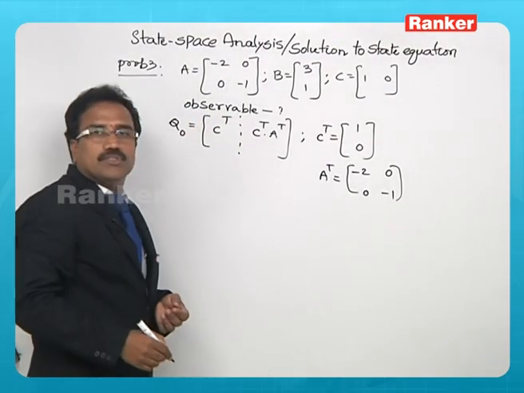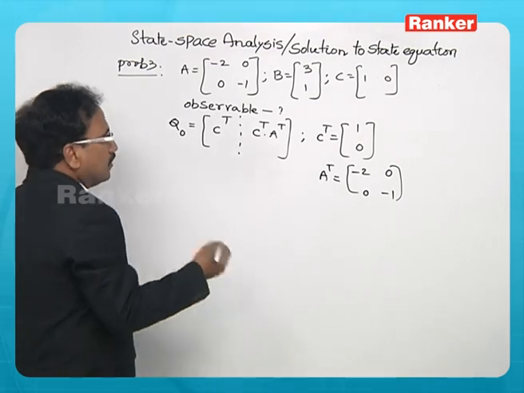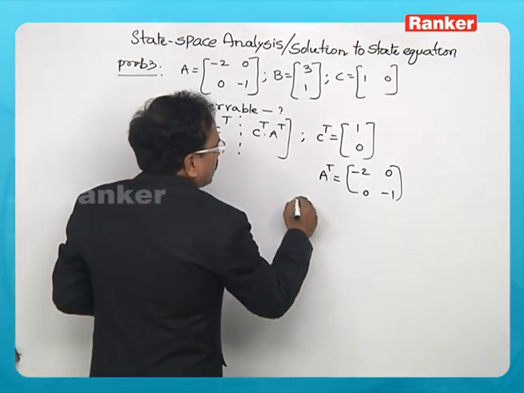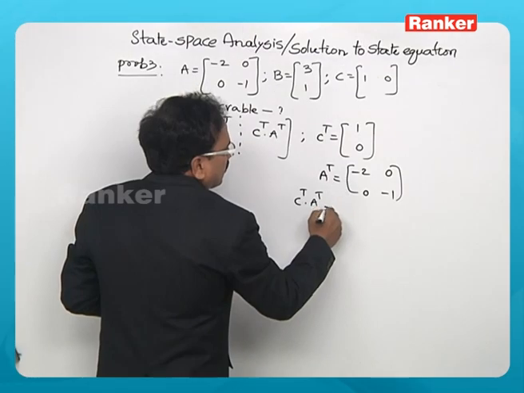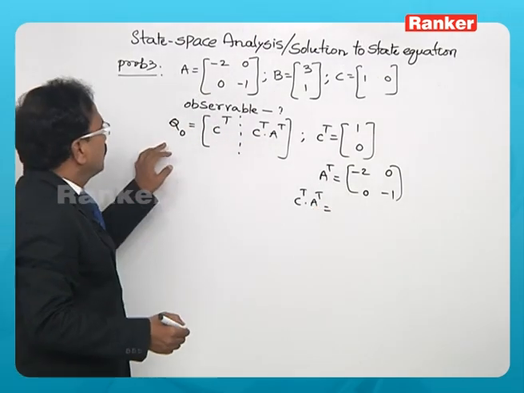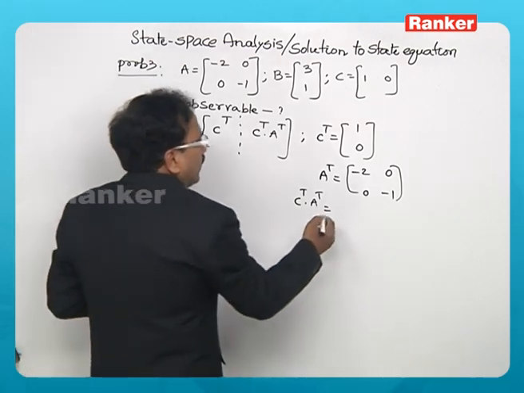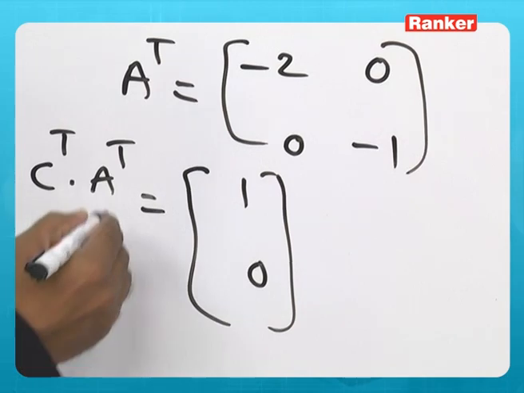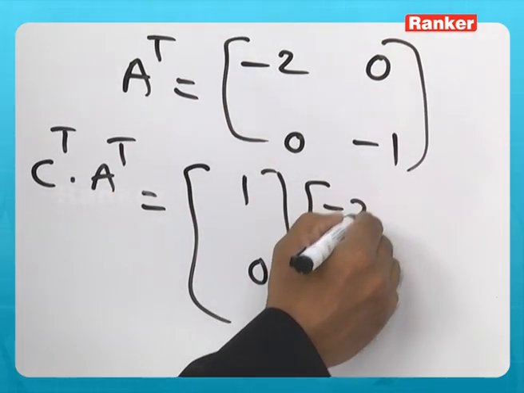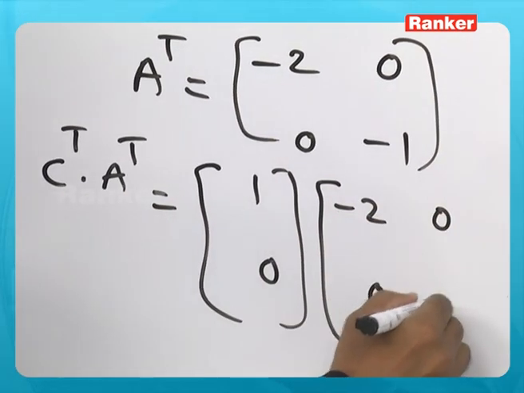Rows become columns in the transpose. Now, we need to get C transpose into A transpose, which is the second component of the observability matrix. C transpose is 1 0 and A transpose is -2 0, 0 and -1.